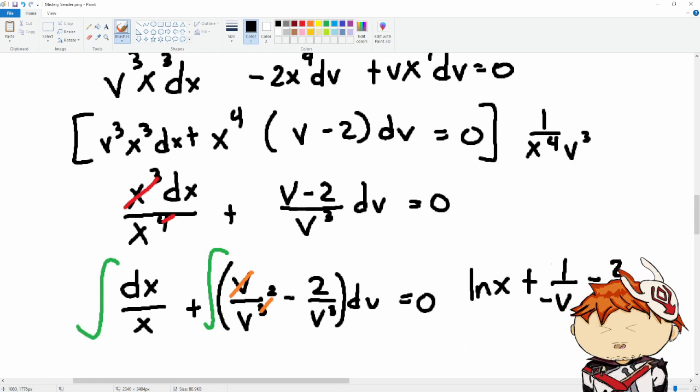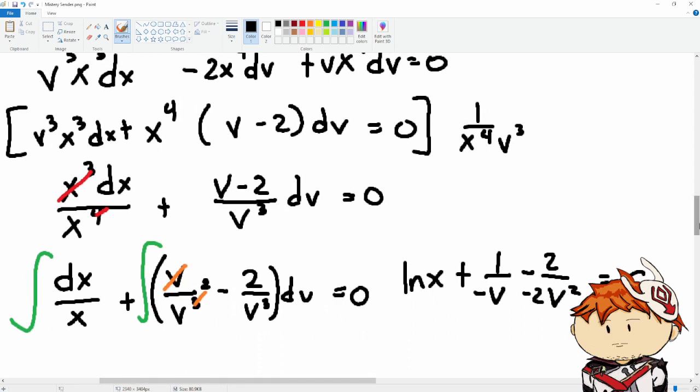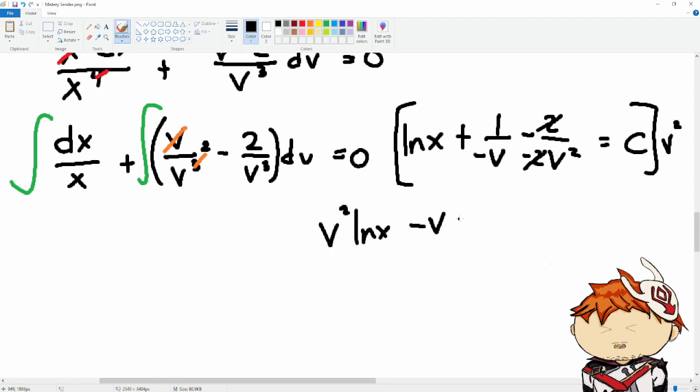Then minus 2 over v cubed becomes negative 2 over v squared, times negative 1 over 2, is equal to c. So we cancel the negative 2, that becomes positive. We multiply both sides by v squared, so this becomes v squared ln x minus v plus 1 is equal to c v squared.